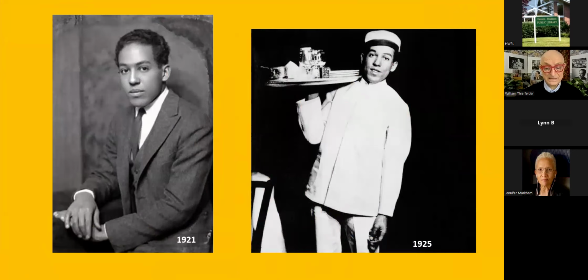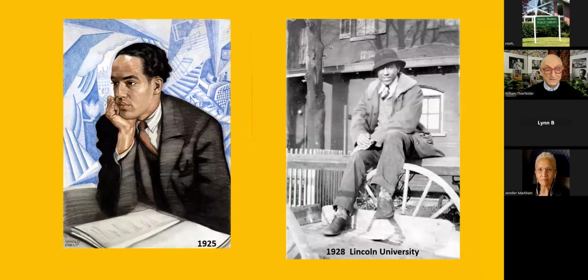Here we see the 19-year-old Hughes on your left, as a Washington, D.C. busboy in 1925, and that's the year he met Vachel Lindsay, and the year before he published his first collection of poems. On your left is a beautiful portrait of the 23-year-old Hughes by a New York City friend, the German artist who was living there, Winold Reiss, R-E-I-S-S, Winold Reiss.